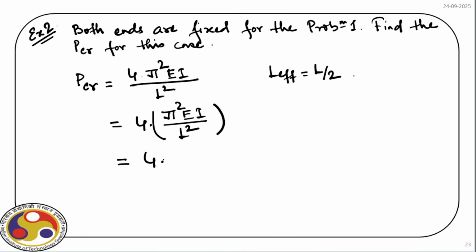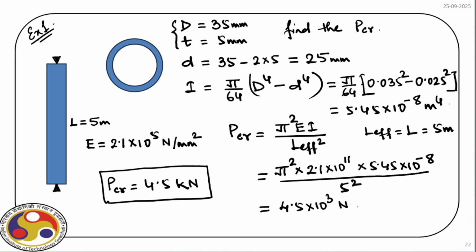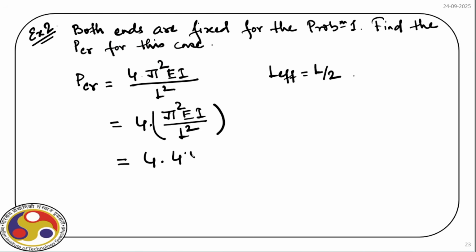So the capacity for the fixed boundary condition is 4 times the critical value for the hinge case. So it is 4 times 4.5. So this is equal to 18 kilonewton. Now if you compare this value with the previous one, you can see just by changing the boundary condition how much the critical load is affected. So earlier we had a hinge boundary condition, and if we change the boundary condition to fixed, the critical load increases by 4 times.